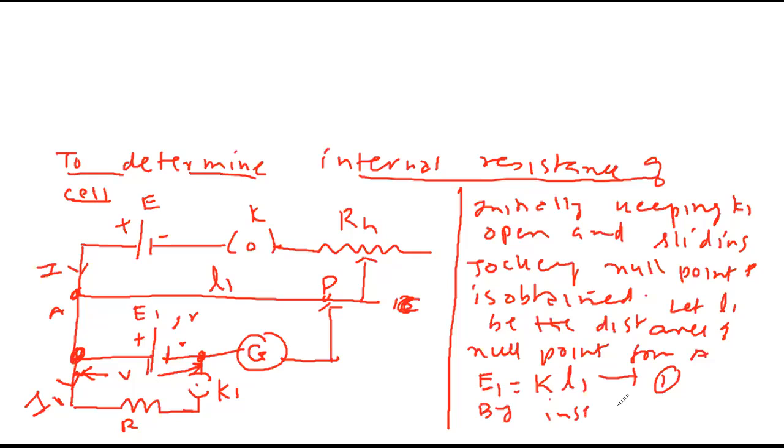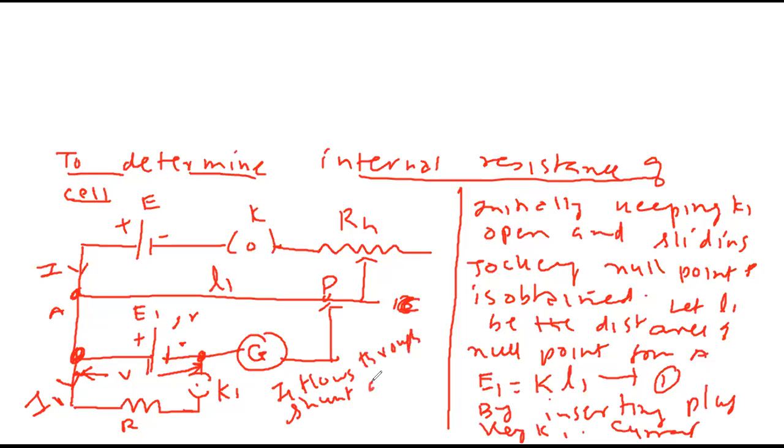So can I say by inserting plug key K1, current I1 flows through the shunt and the potential difference becomes V across the battery.